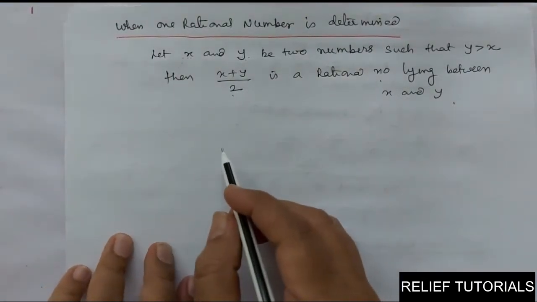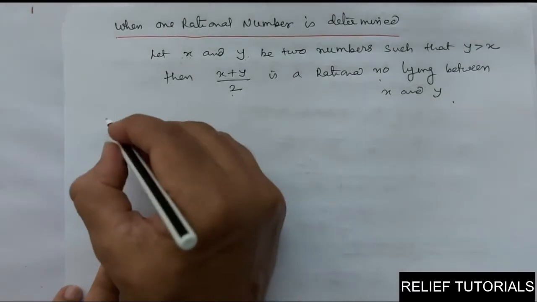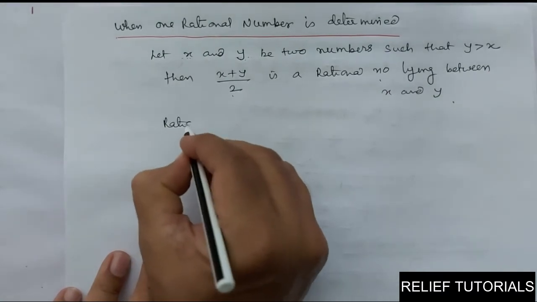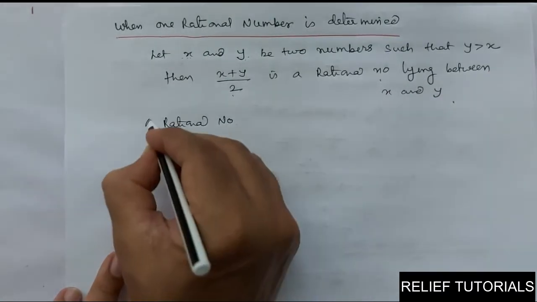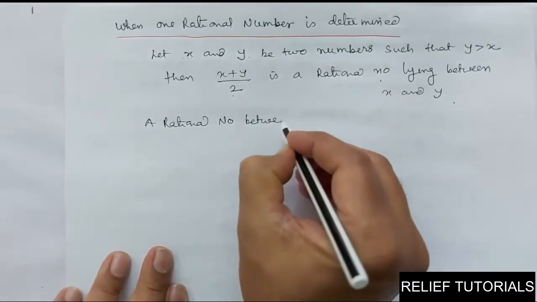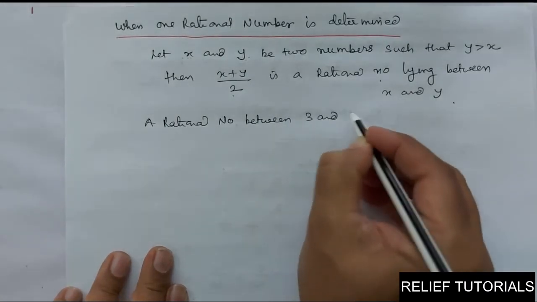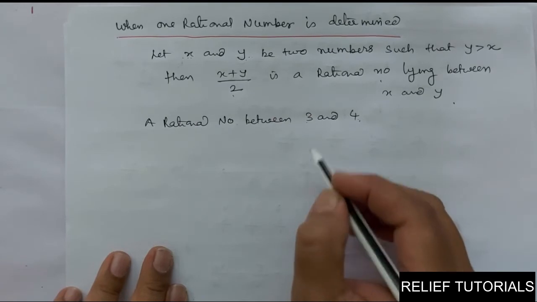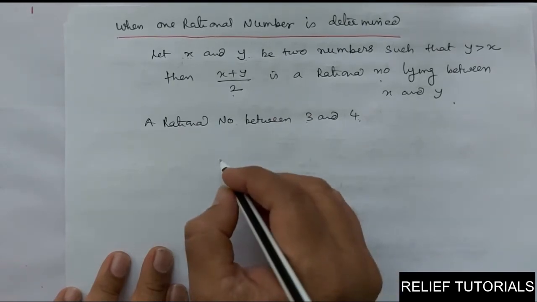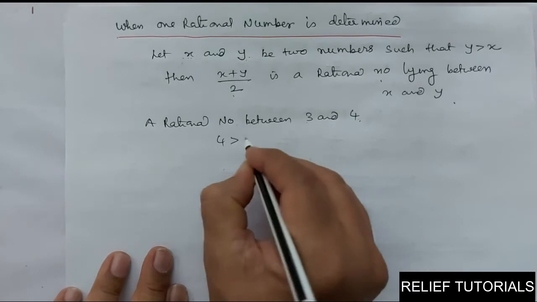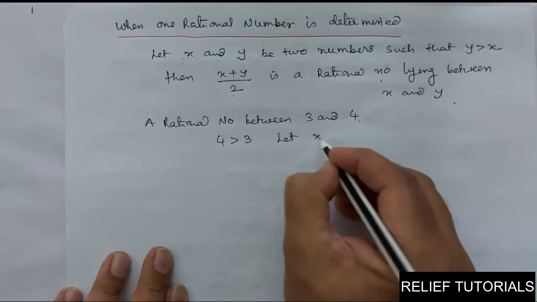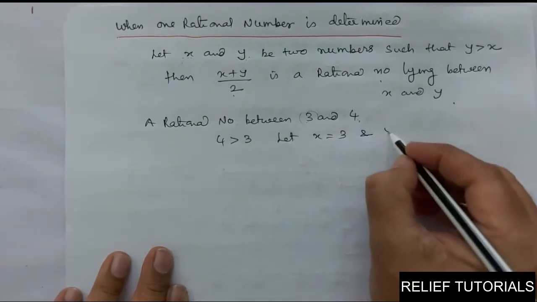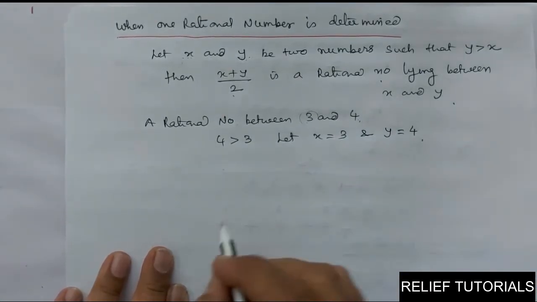See, for example, we can find a rational number between 3 and 4. You know a rational number between 3 and 4 is 3.5. So how will you find it here? Okay, 4 is greater than 3, so let x equal 3. Smaller you have to consider x and bigger you have to consider y. Y equals 4.